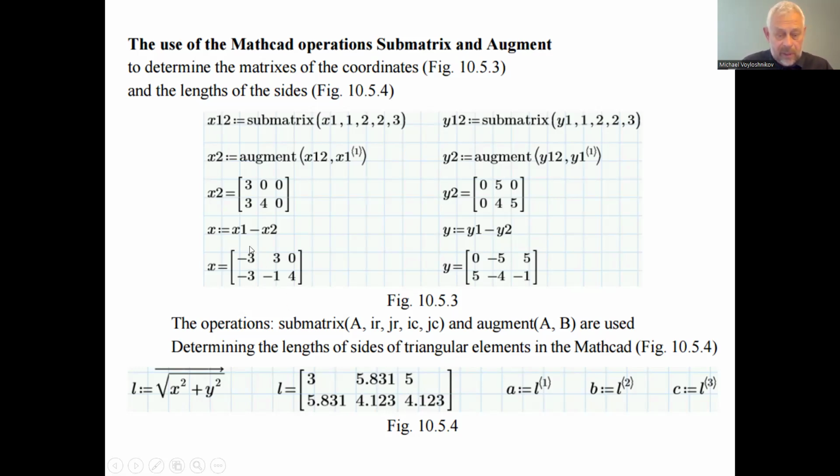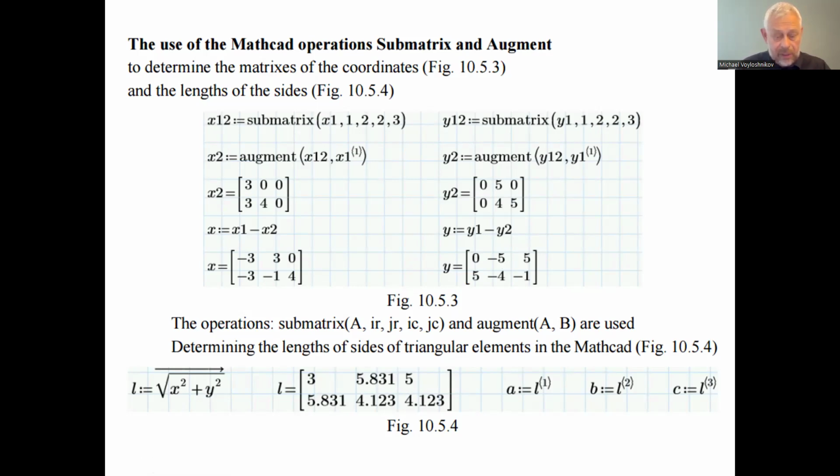For element 1, 1, we have to use the second 1, 1. For 1, 2, we use the 1, 2 element from these two matrices. To do that, we apply the vectorization operation available in the matrices and vectors options of Mathcad.